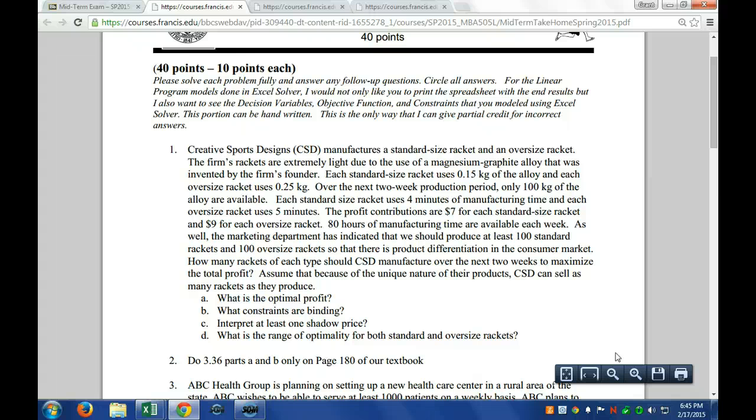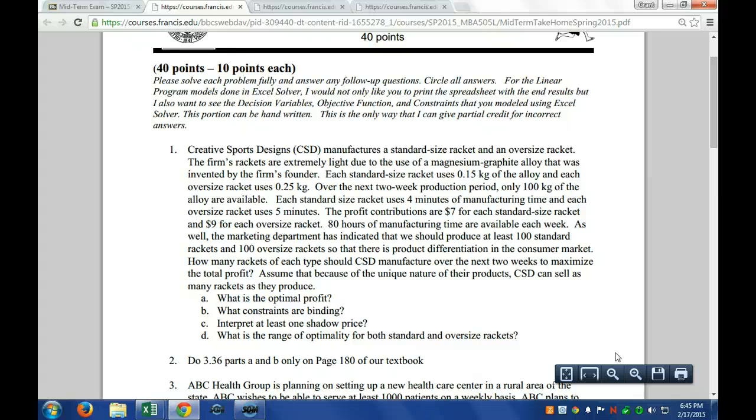And then when I say interpret at least one shadow price, what I'm asking you to do is, in your own words, say what this means. It doesn't have to be exactly how Dr. Miko said in class, because I probably never say it the same way twice. Okay, the shadow price is 20 cents. What does this mean?